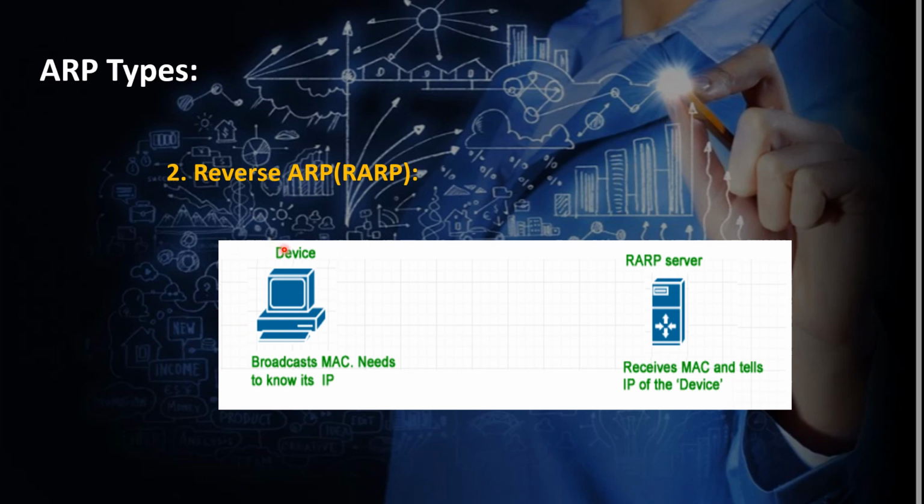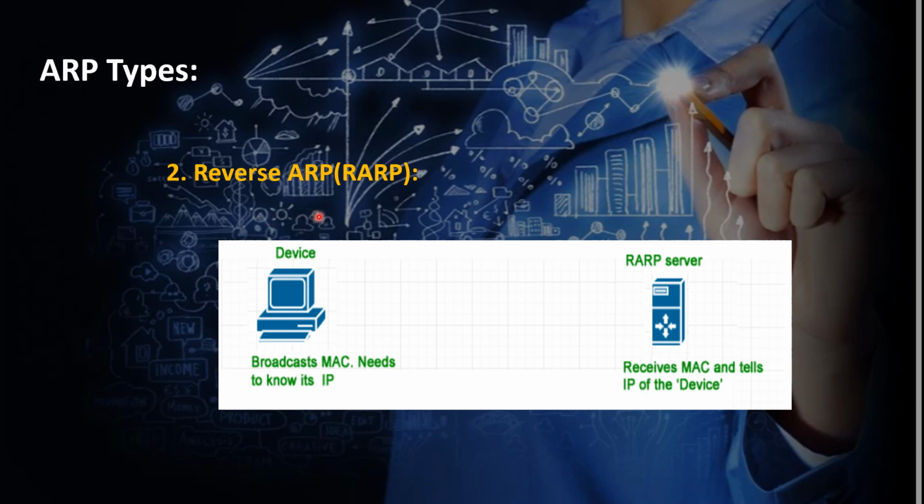When the device is turned on, or if you connect a new device to this network, every device's information is saved in the server beforehand, like IP address, MAC address, and port configurations.